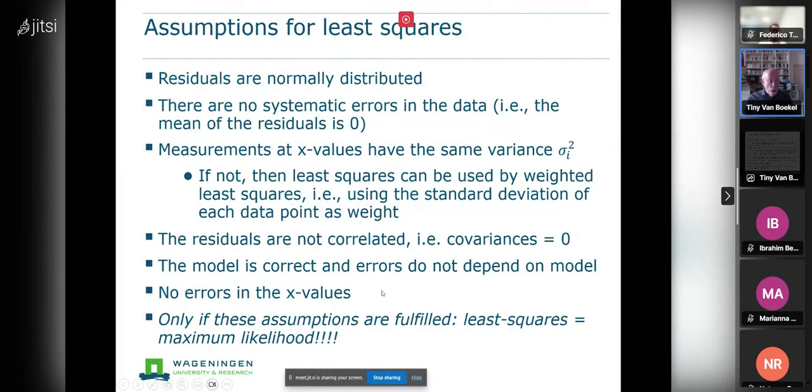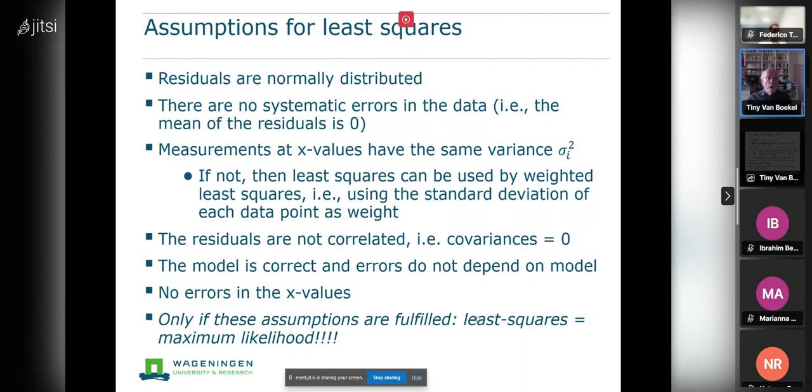We also assume that the x values, so the independent variables, do not contain error. They should be very accurate and precise. Only if all these assumptions are fulfilled can you assume that the least squares solution is actually a maximum likelihood estimate. If one of these assumptions is not fulfilled, you may not have the right estimate.